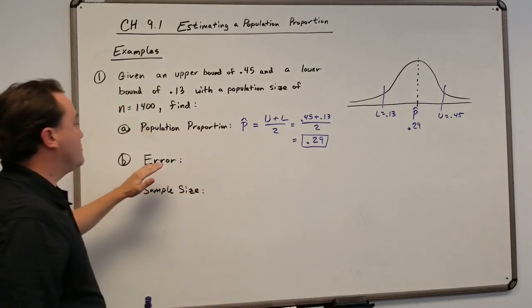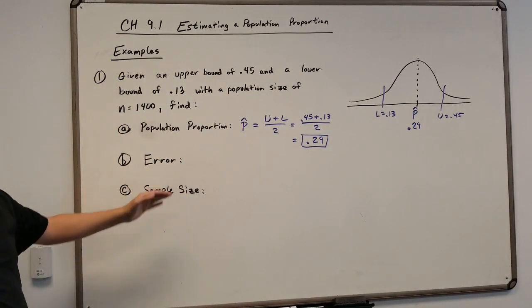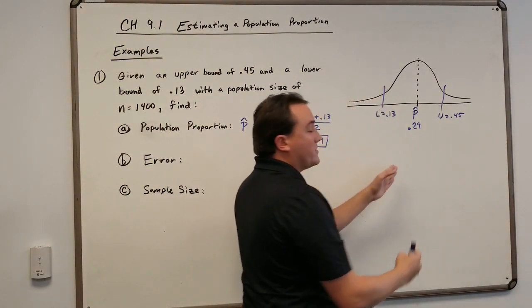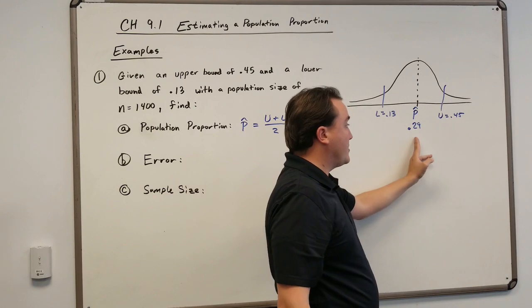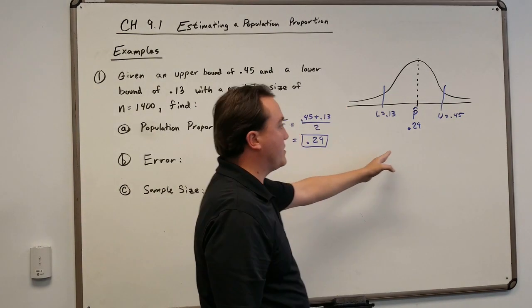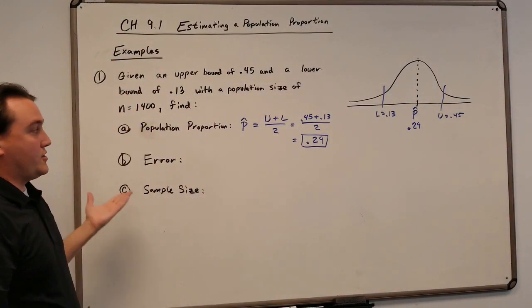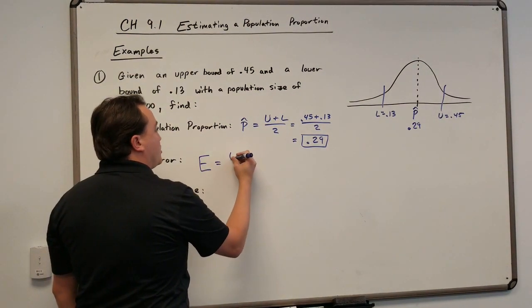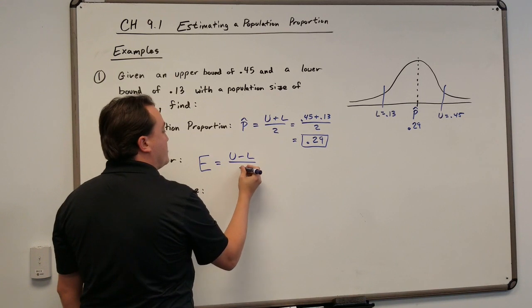Now we also would like to know what the error is, okay? So our actual difference here. Now, we could tell right here, it's just 45 minus 29, or 0.45 minus 0.29. But let's just use the equation I gave you in the beginning. So we have E equals U minus L divided by 2.